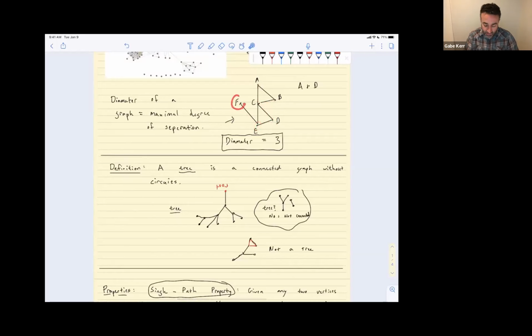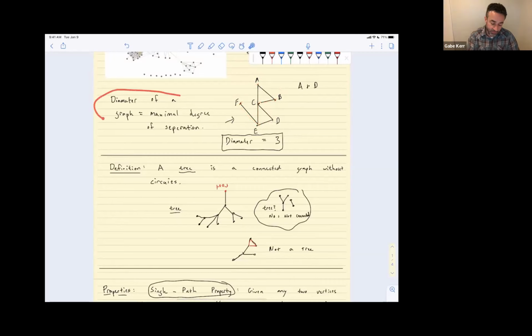However, once I look at F and A or B, the degree of separation from F to B, for example, is 3, because the shortest path between them has length 3. Similarly, the degree of separation between A and F is also 3.